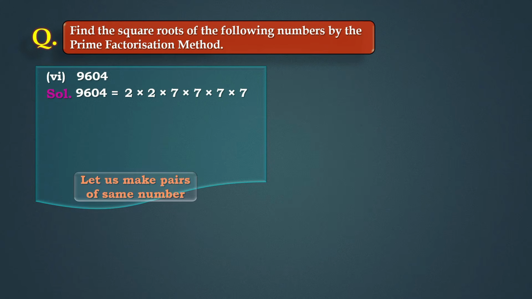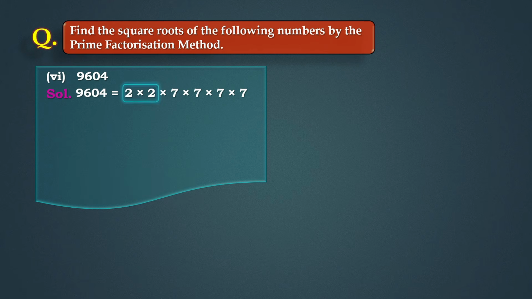Now, let us make pairs of the same numbers. We can form one pair of 2s and two pairs of 7s. Next, take one number from each pair. So, the square root of 9604 is equal to 2 multiplied by 7 multiplied by 7.